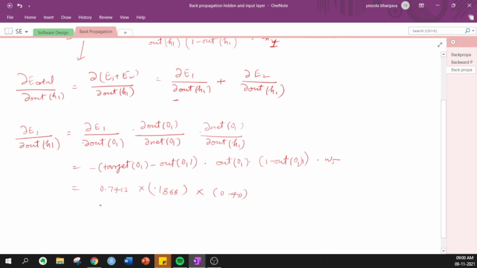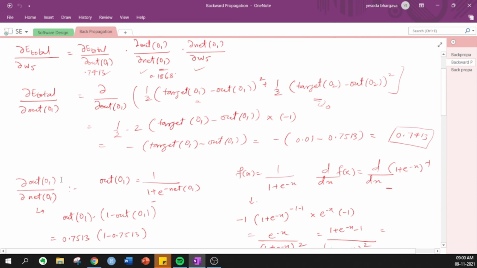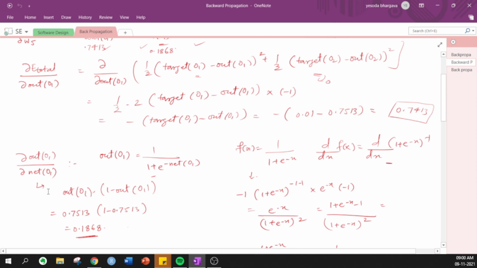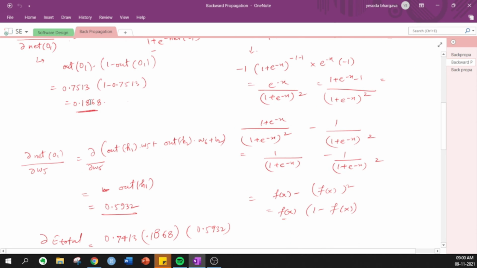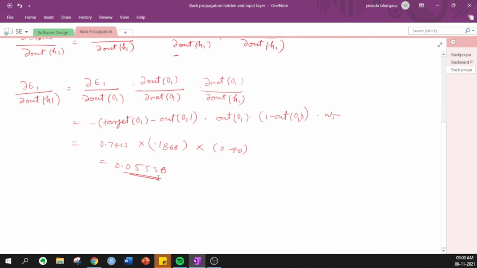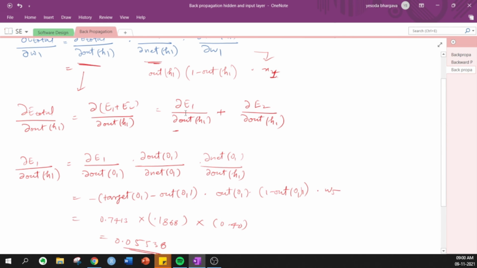So this value comes out to be 0.05538. Don't get confused, this particular value we have already computed, output of O1 multiplied by 1 minus output of O1. Also, we have computed here 0.1868. So I'm just using the values we have already computed. So this first portion is 0.05538.